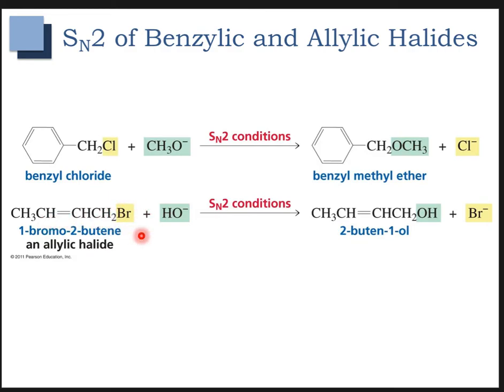So interestingly, both of these types of substrates can undergo either SN2 or they can undergo SN1, and we'll talk about SN1 in just a minute. So you'll see here that both of these substrates are primary alkyl halides, so they can undergo SN2 reactions if you use the right conditions, and we'll go over what that is in just a minute.